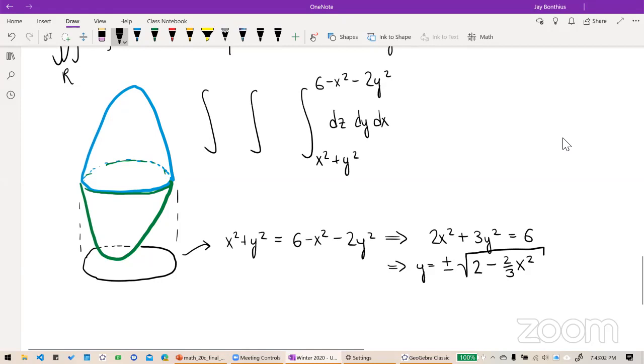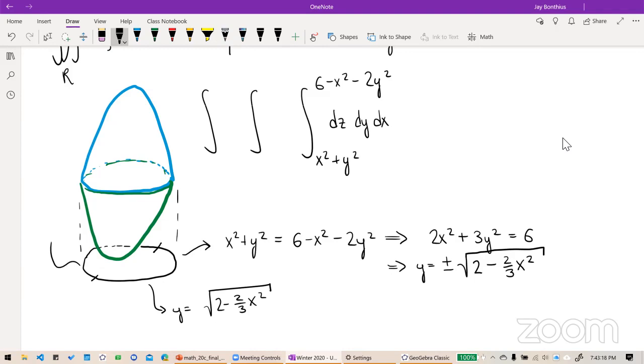Here, that part of the curve is y equals positive square root of 2 minus 2/3 x squared. And this is y equals negative square root of 2 minus 2/3 x squared.